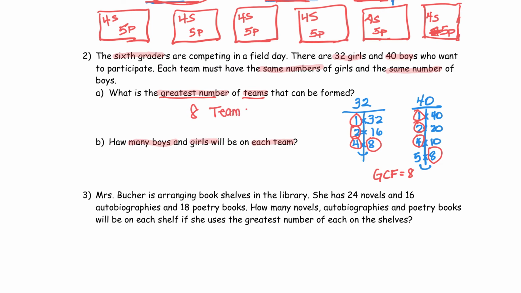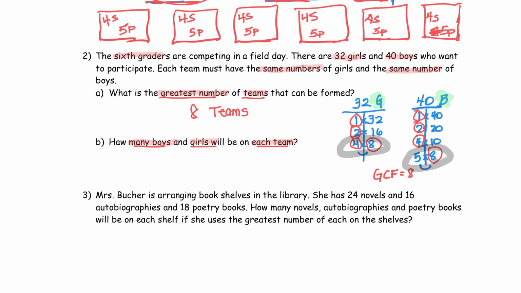But now they're asking us how many boys and girls will be on each team. Well, if I look here, I know that 32 represents the girls and 40 represents the boys. So now all I have to do basically is take a look at my T-chart, and I look at the number opposite the 8 on each side. So if I look here, I notice that 8 times 4, and then for the boys, 8 times 5.